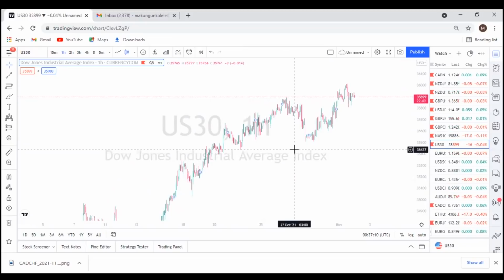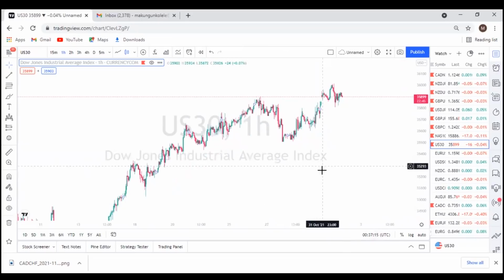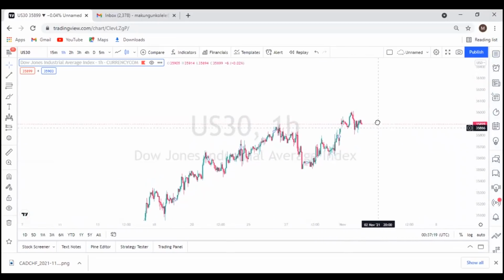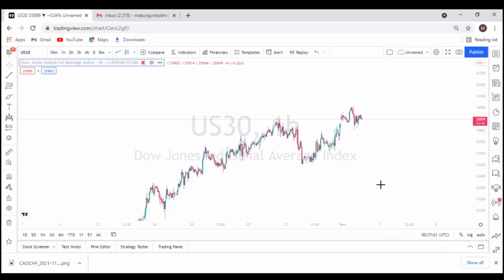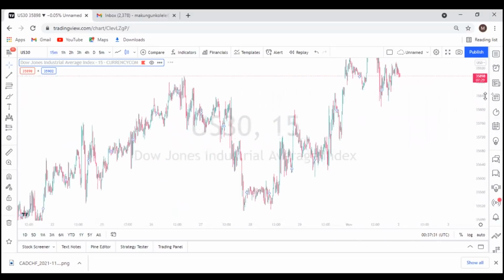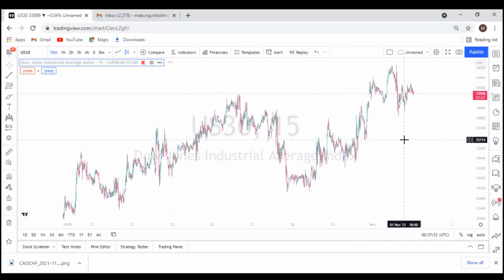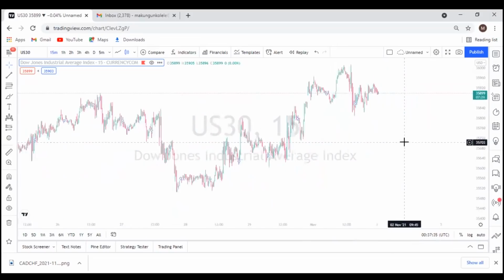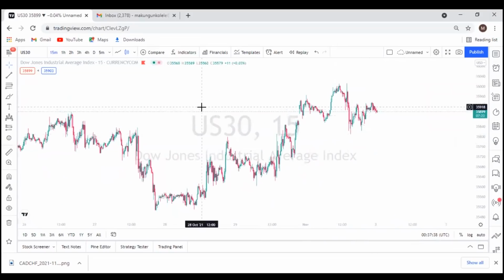One could be ahead and one could be behind, but overall they head in similar directions. With this one, I'm just gonna jump straight to the M15 and see what's happening.